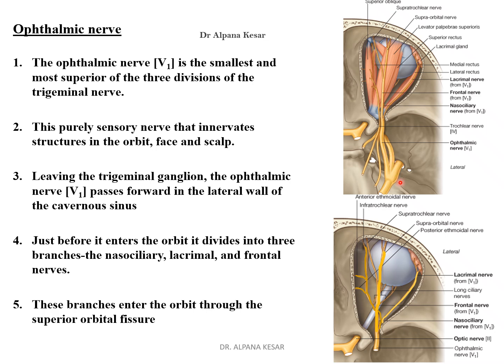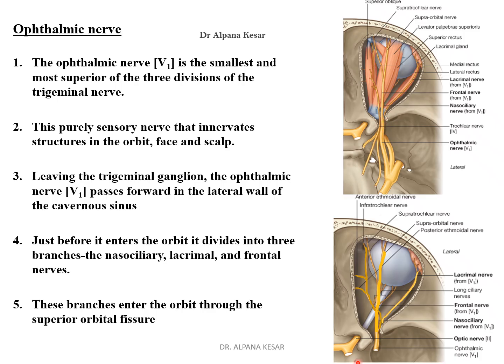It leaves the trigeminal ganglion and passes forwards in the lateral wall of the cavernous sinus. Just before it reaches the orbital cavity, it divides into its 3 terminal branches, and they are the nasociliary, lacrimal, and frontal branches.